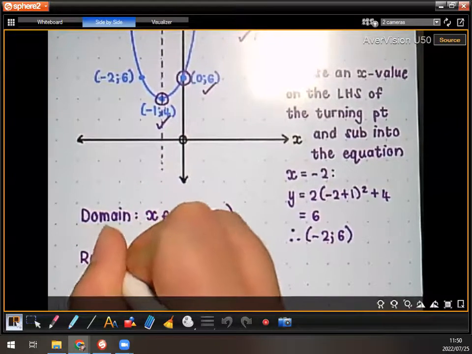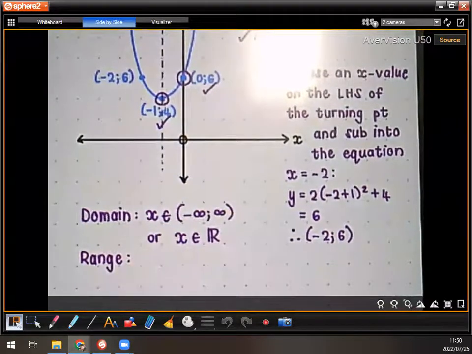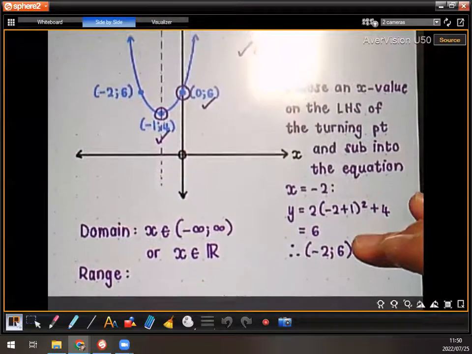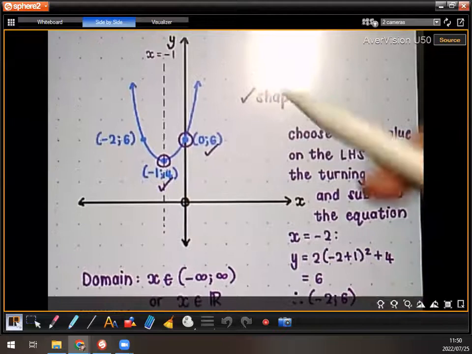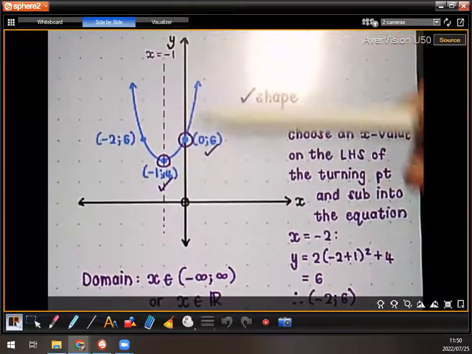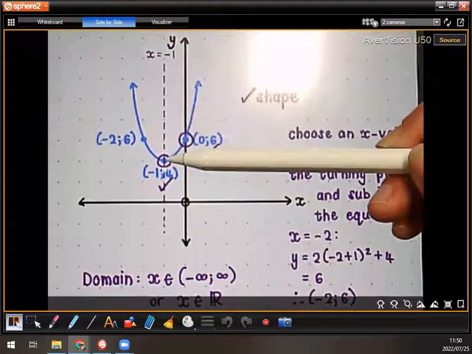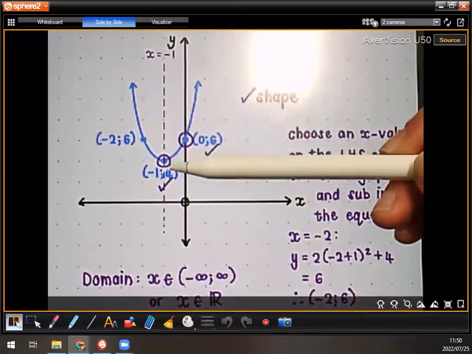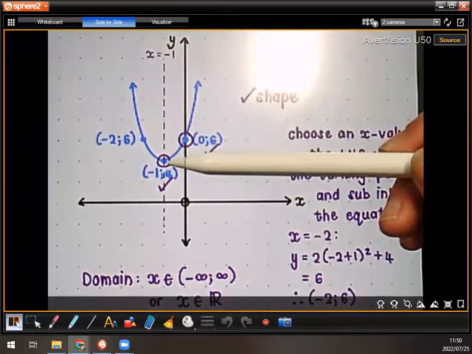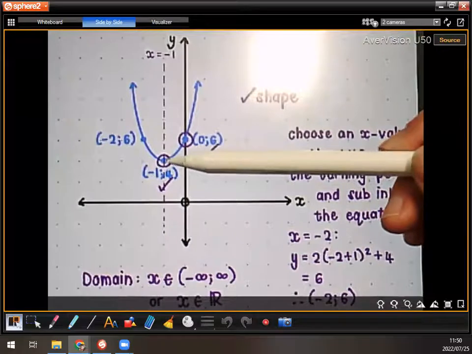Okay, and then the range. Remember the y value, so you look along the y-axis. We have our turning point. We're always going to have to look at the turning point for that, right? So we agree that the turning point is the minimum point in this case, right?